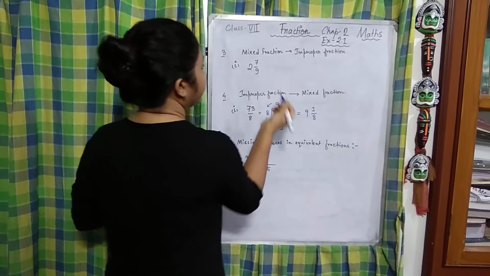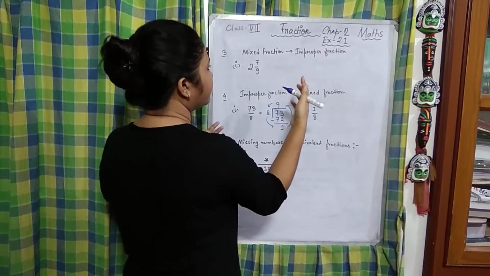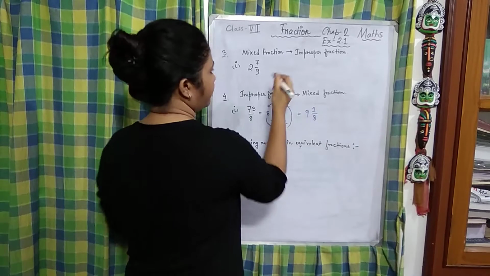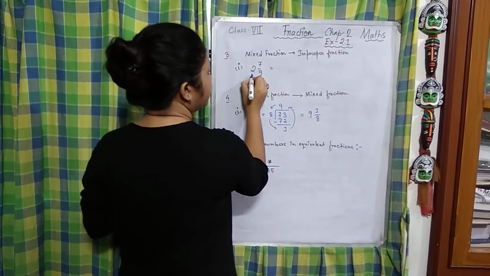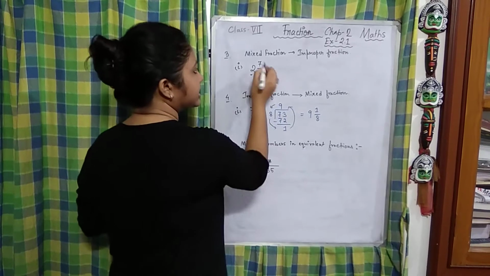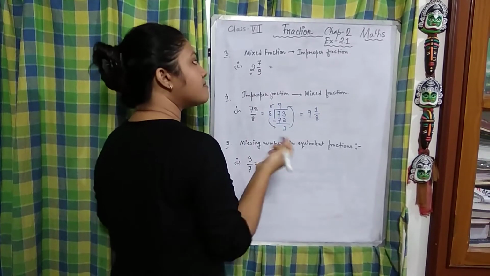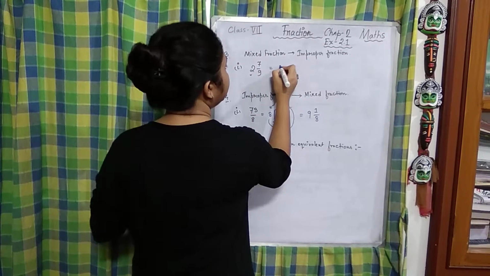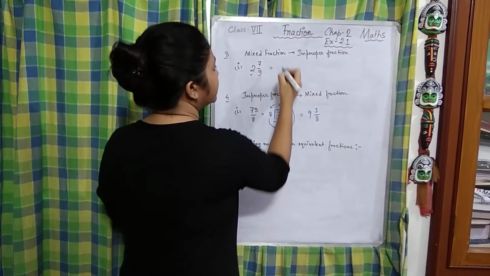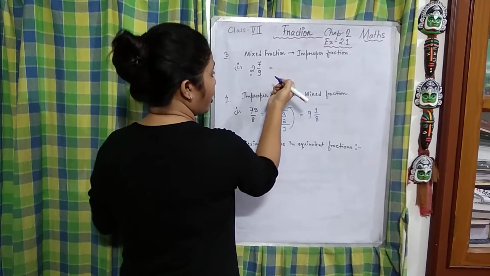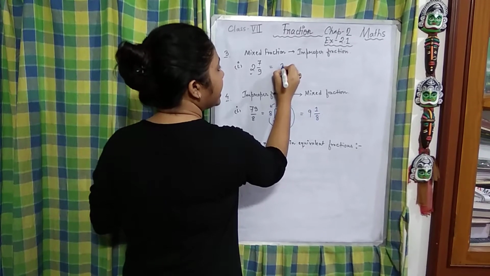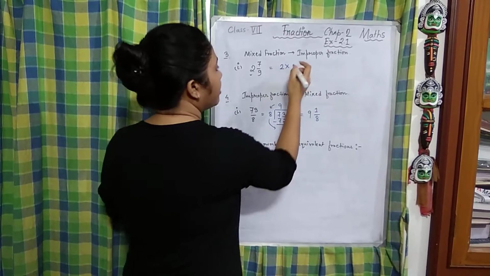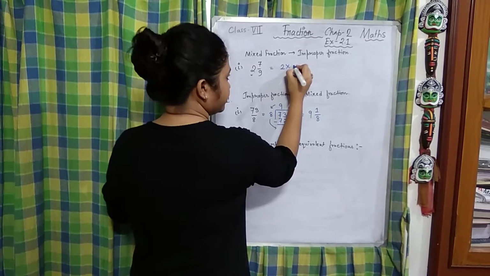Okay. Then when we have to convert a mixed fraction into an improper fraction, how do we do that? First, here 2 is the whole number and 7 by 9 is the proper fraction. From this proper fraction, we will multiply the whole number with the denominator.